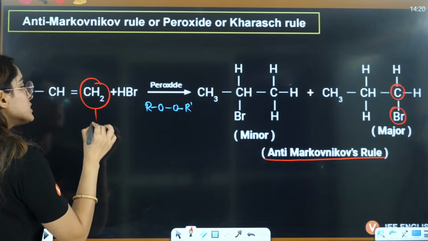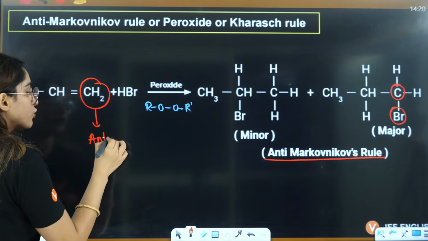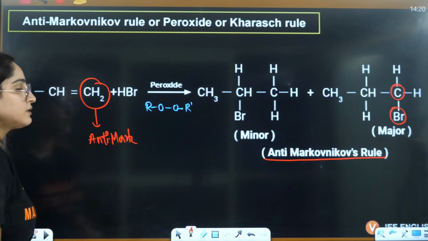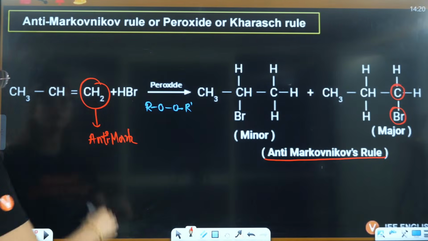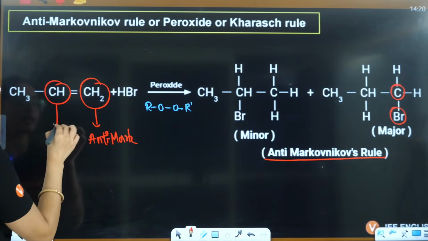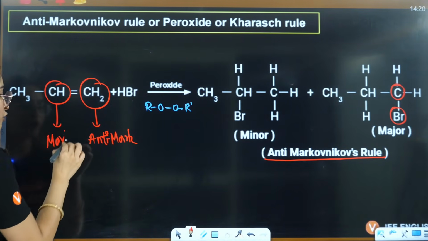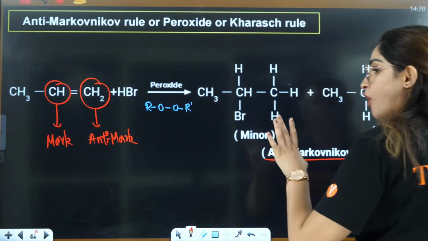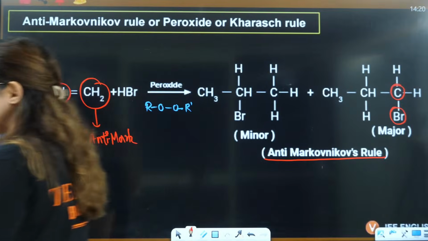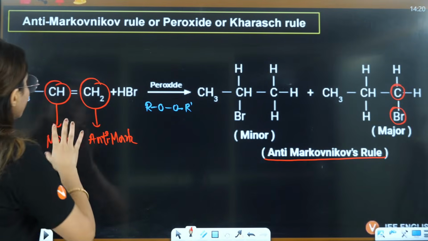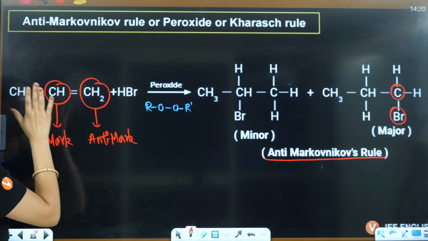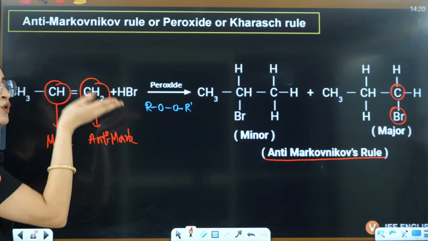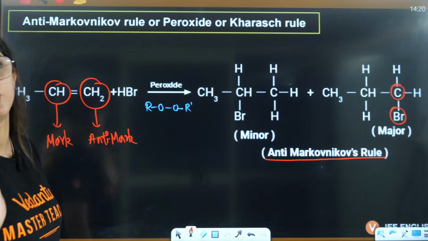So this will give you the anti-Markovnikov product. If you attach it here, this will give you the Markovnikov product. Two things are possible, anti-Markovnikov or Markovnikov. If Br is attached to the carbon with fewer hydrogens, it follows the Markovnikov rule. If it is attached to the one with more hydrogens, it gives the anti-Markovnikov product.